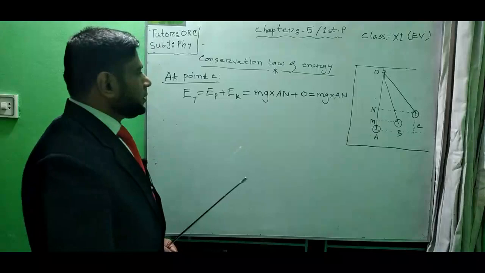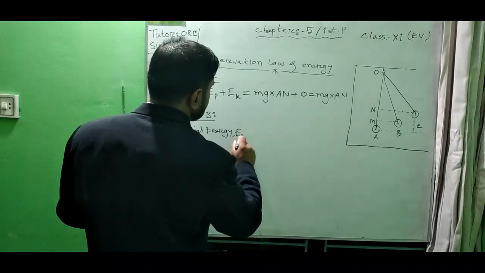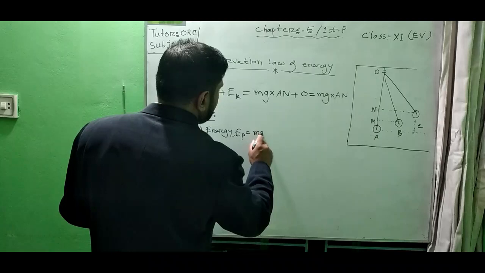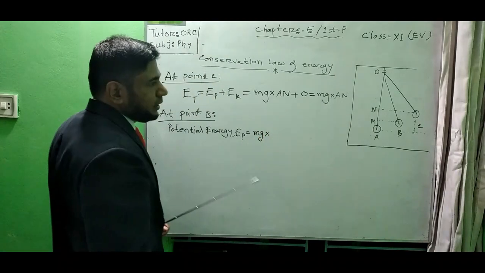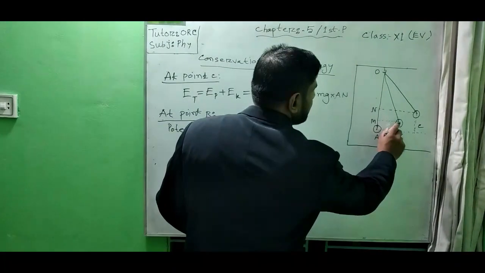So now let us find the total energy at point B. At point B, the potential energy is mgh. Here h means the vertical displacement, which is AM. So the vertical displacement is AM.